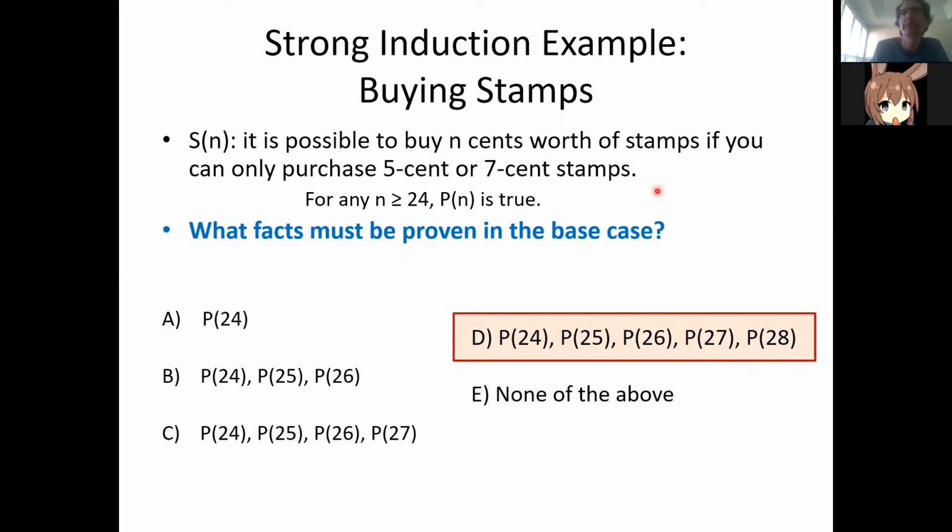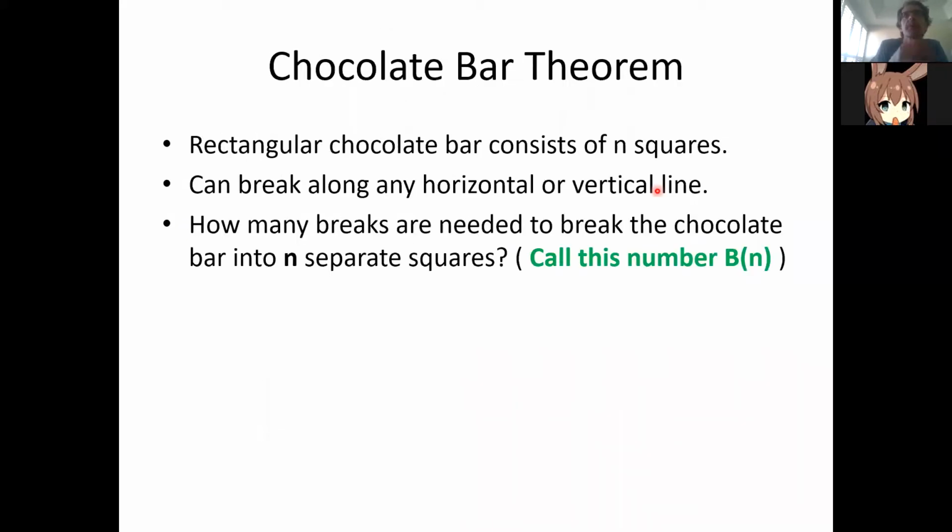Okay, so let me do something different instead. Here's a nice chocolate bar theorem. Let's say that a chocolate bar is rectangular, so it has an x dimension and a y dimension, both integers, and it's say an m by n bar.